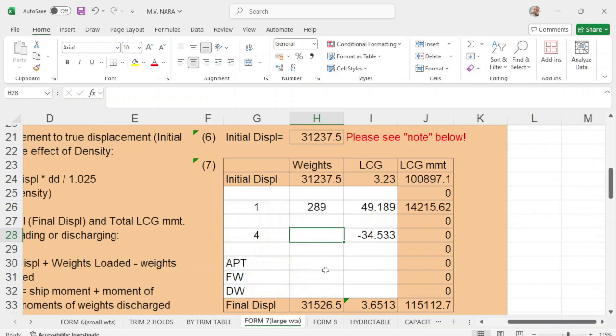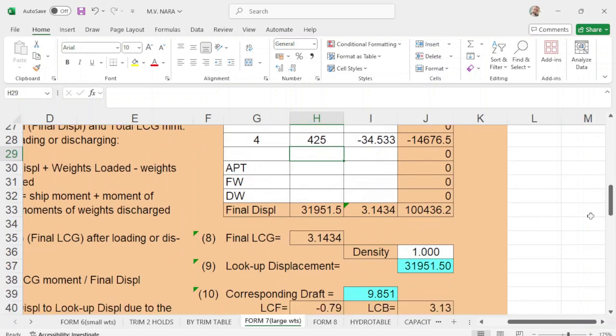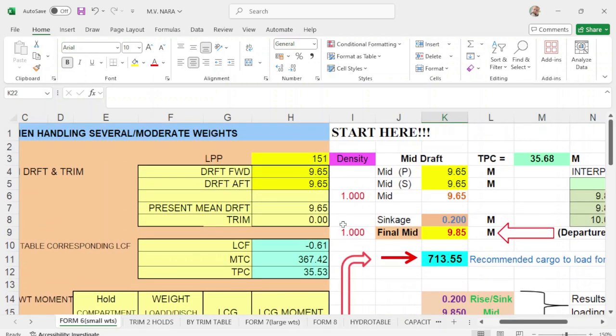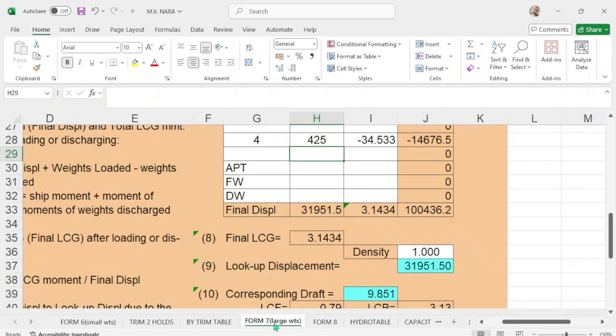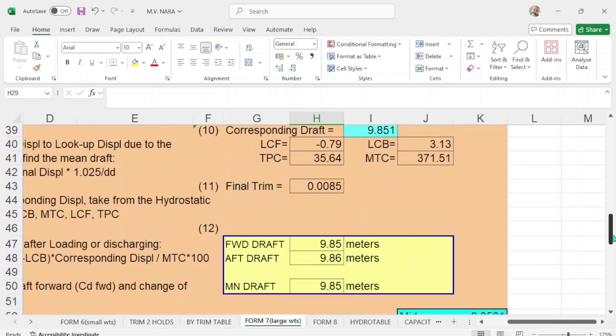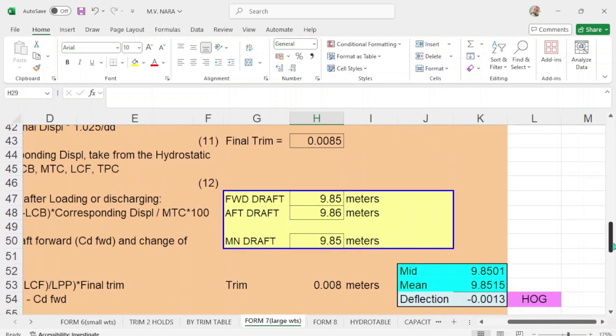And the final departure density is 1.00, so you put here 1.00, and your mean drop is 9.85, which is this one.